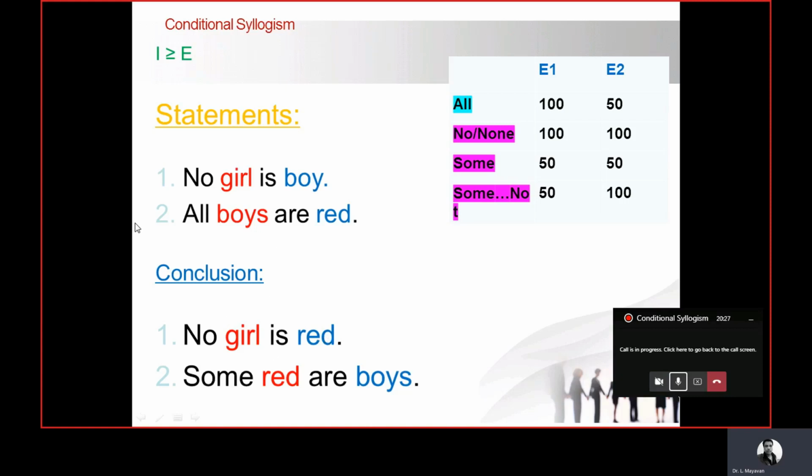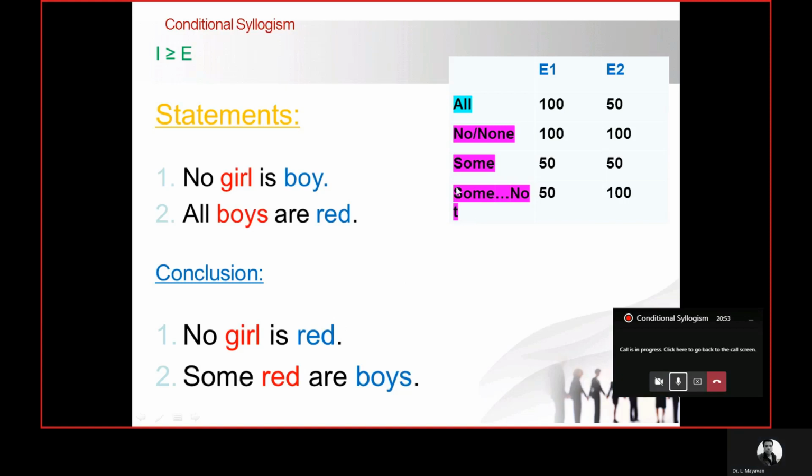How about red? All boys are red. What is the value given for all? It is 50. Here for the red, no is 100, but in the statement for red it is only 50. So it does not follow. It can't follow. So conclusion 1 is the wrong option.